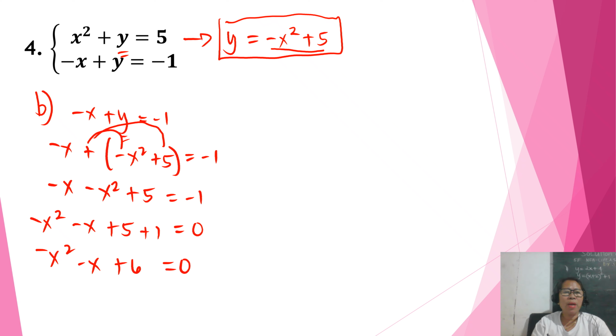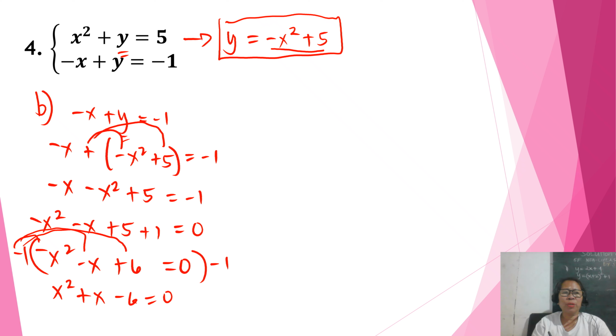And then remember, it is convenient to factor out if the quadratic term is already positive. So we will be multiplying negative 1 both sides, to adjust the quadratic term into positive. So negative times negative, that will be positive x squared, and then negative times negative, that will be positive x, and that negative times positive 6 will be negative 6 is equal to 0.